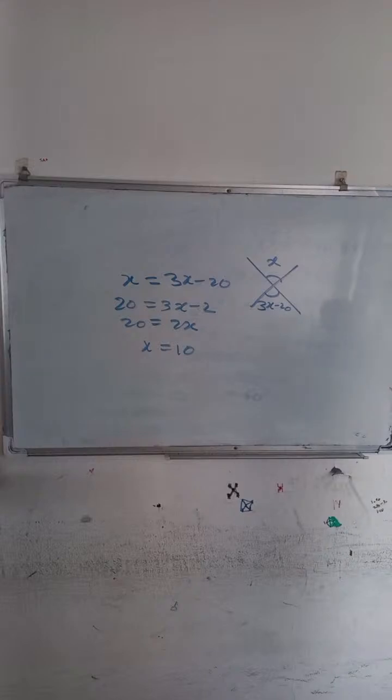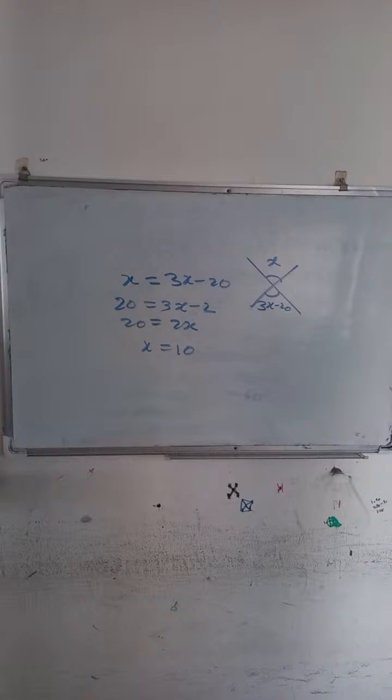In a linear pair, if one angle is equal to twice the other, find the smaller angle.